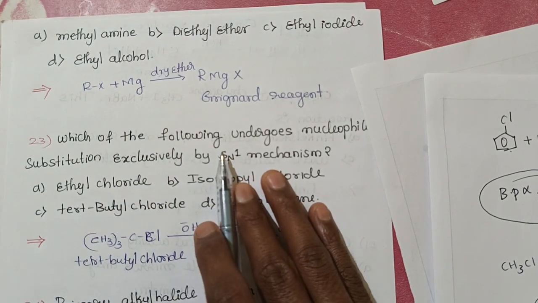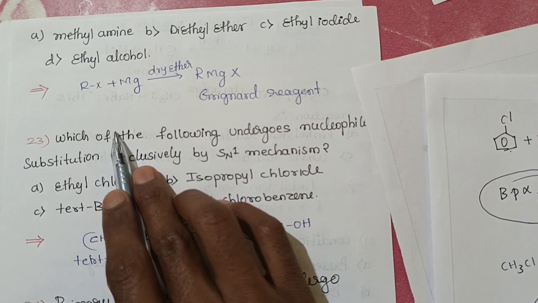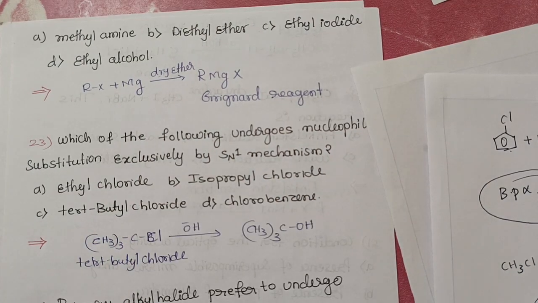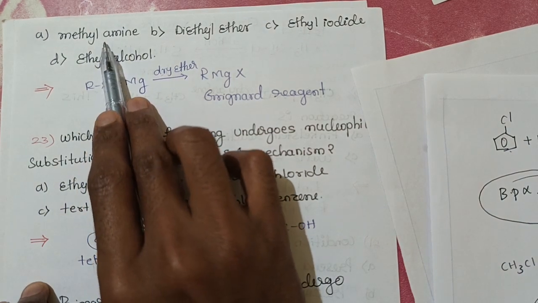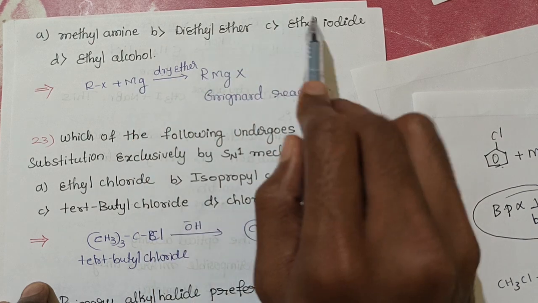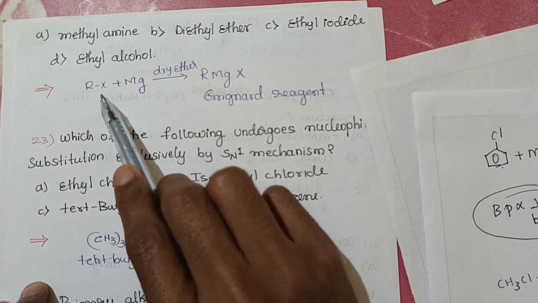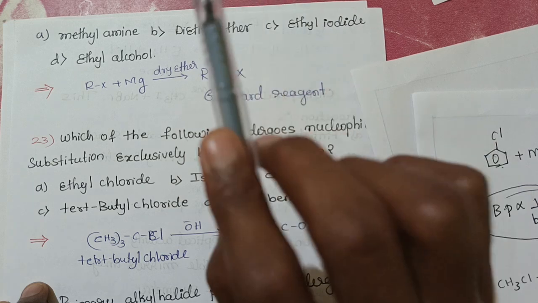So the correct option is RX plus magnesium. If you see the options, methyl amine does not come, so just delete this option. Diethyl ether is also highly impossible. Alcohol does not come. So what is the thing? Ethyl iodide. So here I have written the general reaction RX. They may give ethyl iodide, methyl iodide, whatever it is.